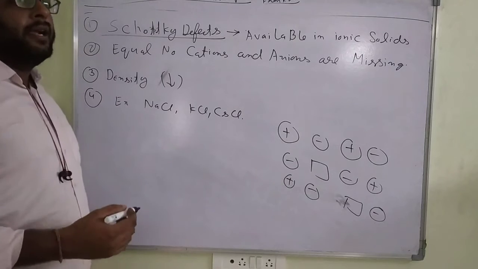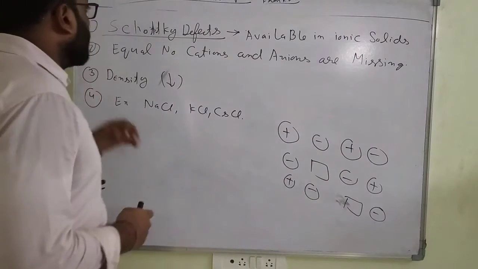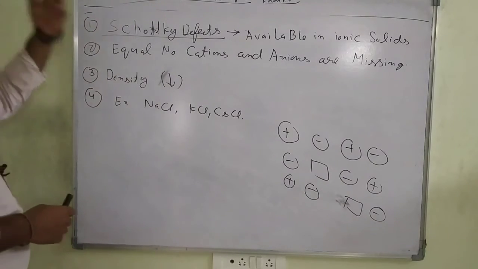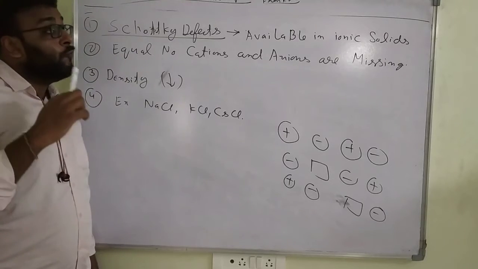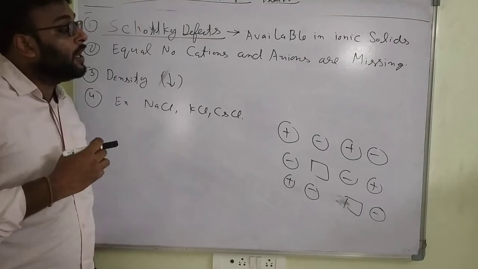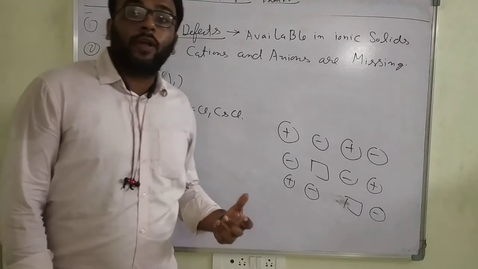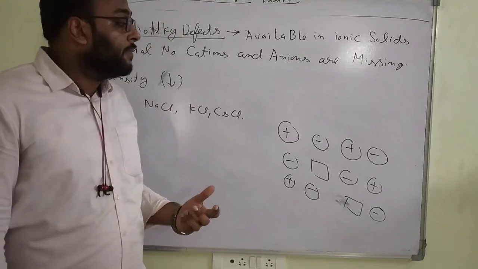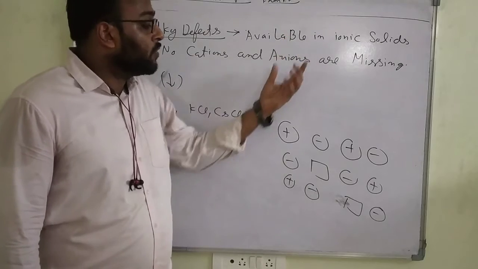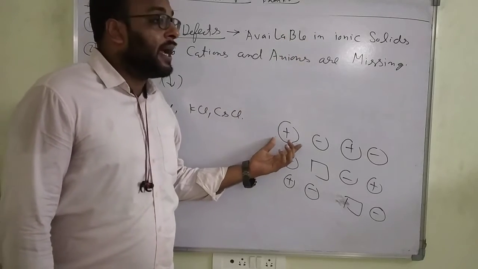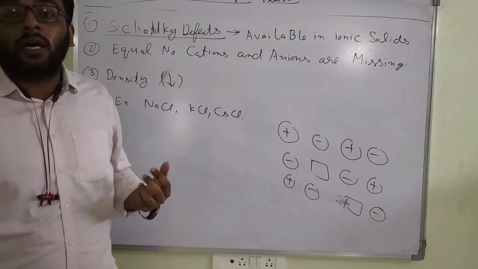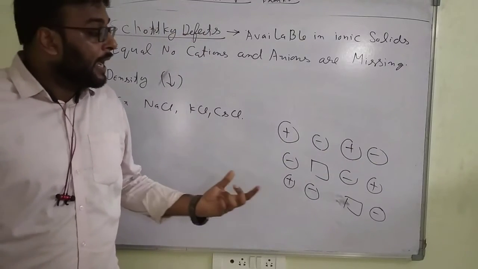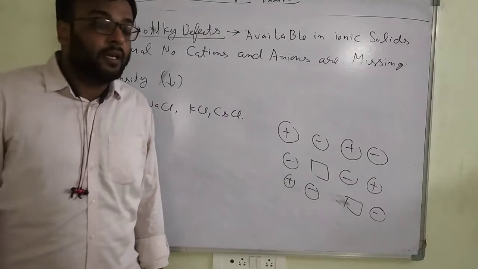First of all, one thing in Schottky defect. Interstitial defect has two types: one is the Schottky defect, one is the Frenkel defect. What is happening in Schottky defect? Equal numbers of cations and anions are missing. It is represented in an ionic solid, where cations and anions are alternatively arranged.